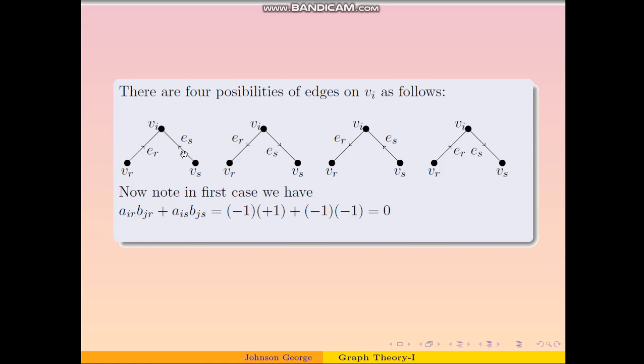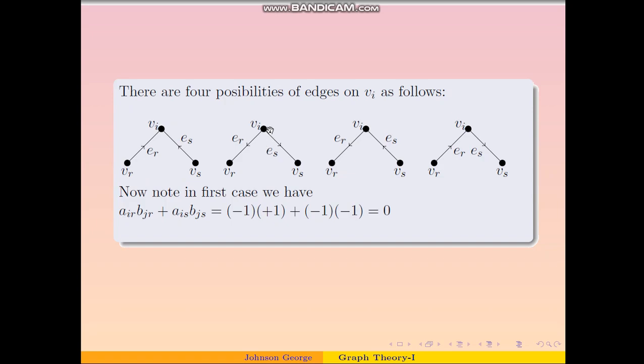But you can see that the orientation of the cycle and the direction of edge Es are opposite to each other, and therefore Es has a -1 entry, and you can see that the addition is 0. Thus both the terms are non-zero, but still the addition is equal to 0. So if this is the case, then we are done.